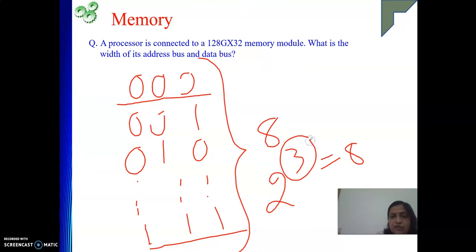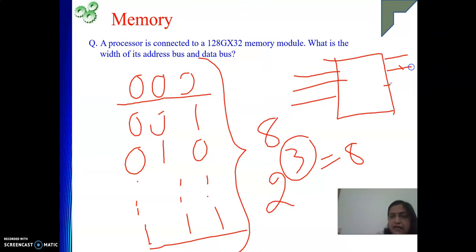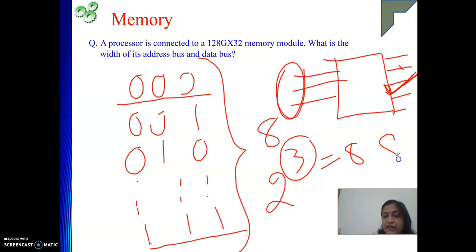These 3 lines will be connected to one decoder. The decoder can produce 8 output lines. But depending on your input, at a time only one line will be selected. Only one location in the memory will be selected, out of how many? Out of 8, because your input is 3 bits, and 2 to the power 3 is 8. This part is clear or not?